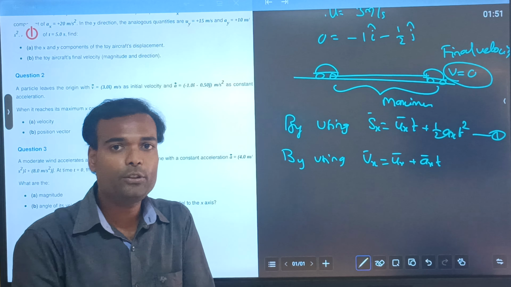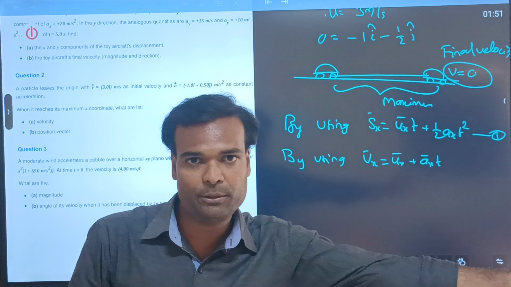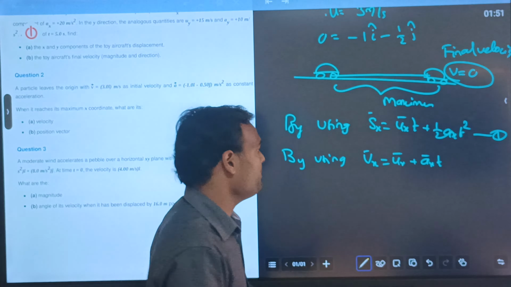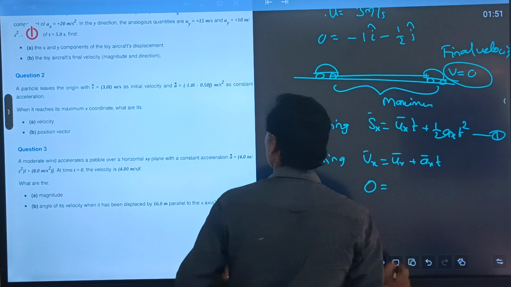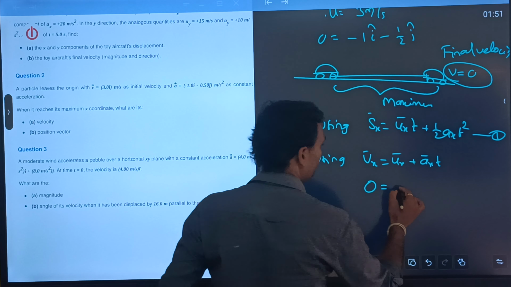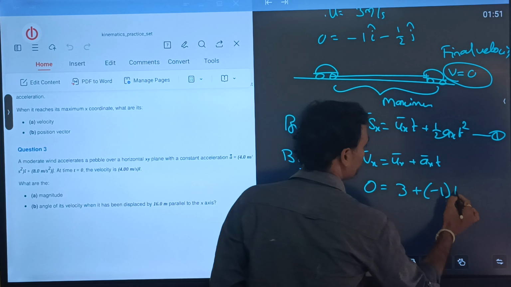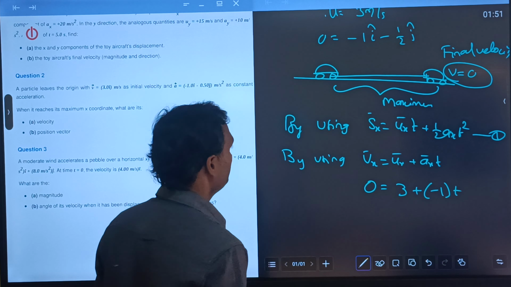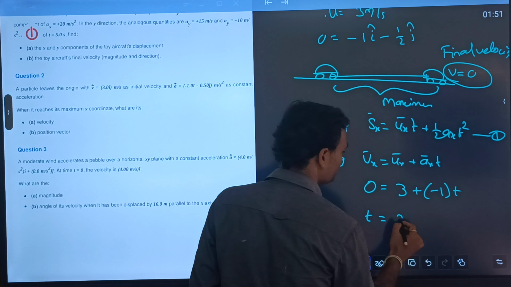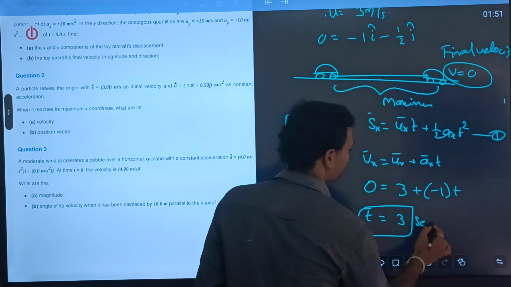Here we know that at the maximum displacement of the object, velocity will be 0. So Vx is 0, ux is 3, and acceleration is given as -1 into t. Therefore t = 3 seconds.